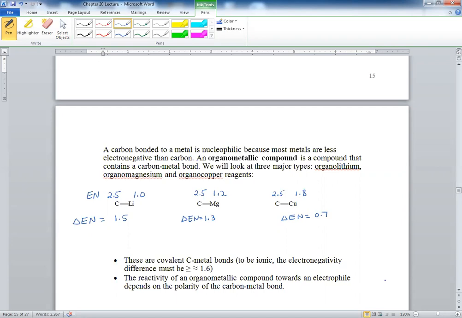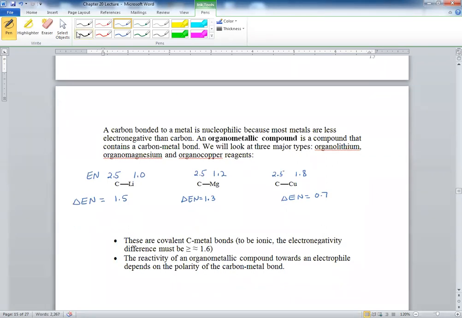If you remember from Gen Chem, the larger the gap between electronegativities, the more polar the bond will be. So in this case, I'll use a different color. The carbon-lithium bond is the most polar bond, because the difference in electronegativities is the greatest.